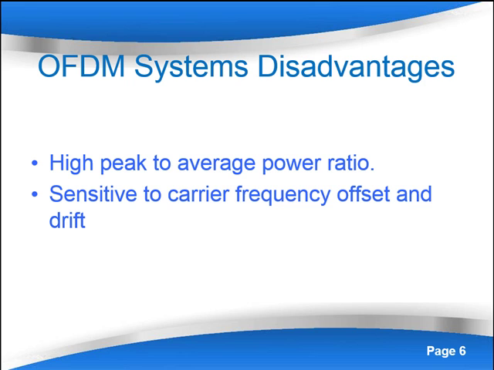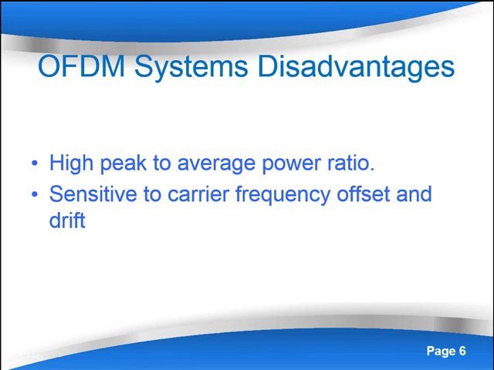It also has some disadvantages. The OFDM signal has noise-like amplitude with a very large dynamic range. Therefore, it requires RF power amplifiers with a high peak-to-average power ratio.